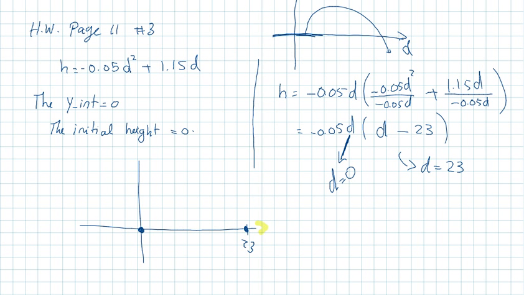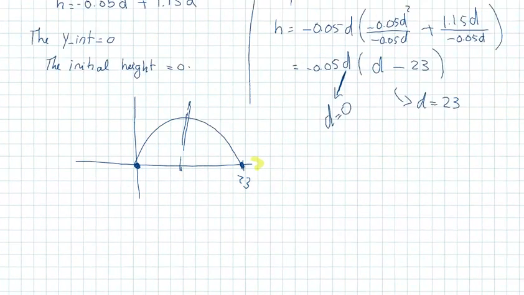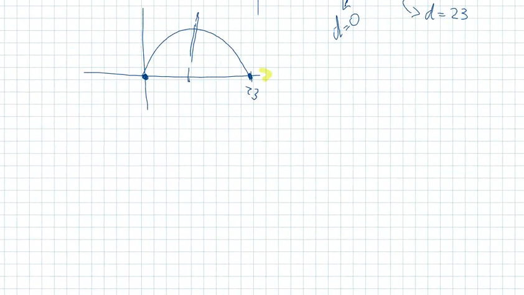The horizontal distance is the x value. So at what horizontal distance did Danny reach the maximum value? Basically, I'm looking for the horizontal distance. How would I find the axis of symmetry? Add the zeros and divide by 2. This is what we learned yesterday, right? So to find the axis of symmetry, I'm just adding the zeros.